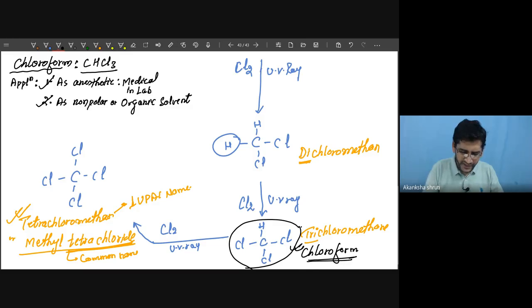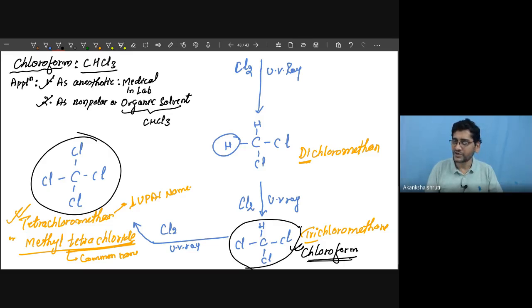Students, as an organic solvent, mostly it could be chloroform, CHCl3. Even carbon tetrachloride, CCl4, is also a good organic solvent.